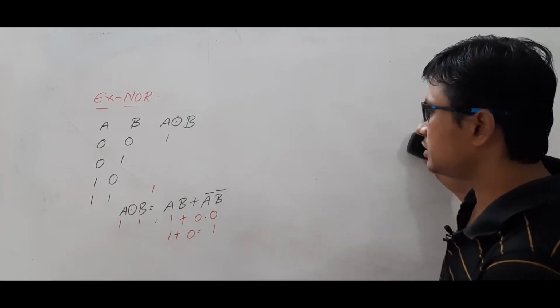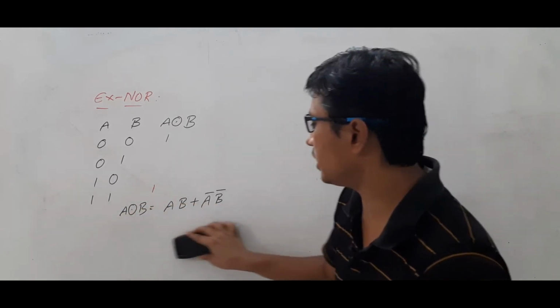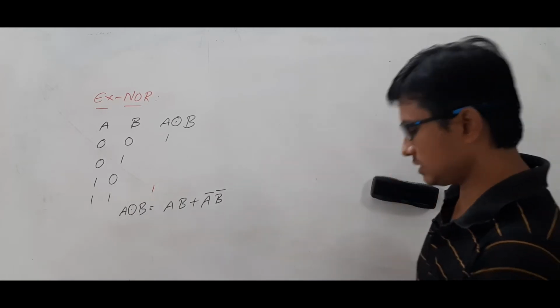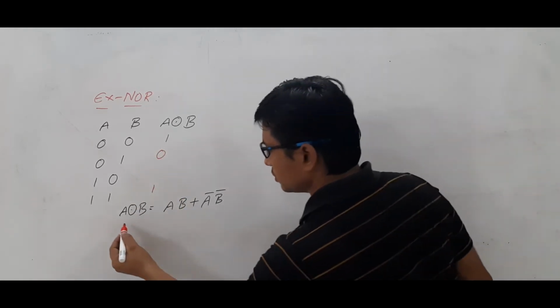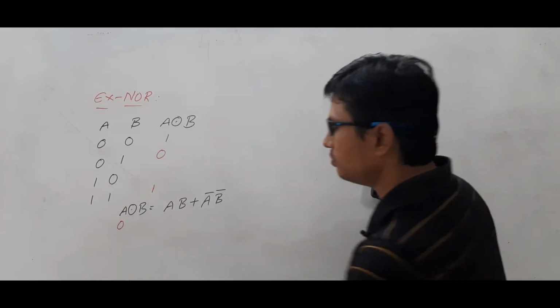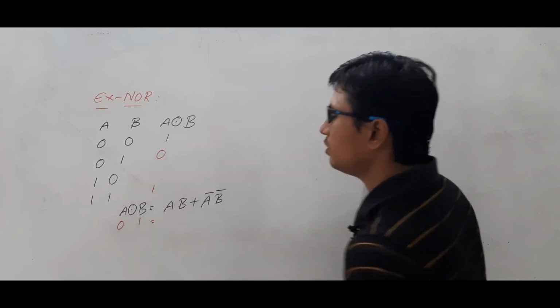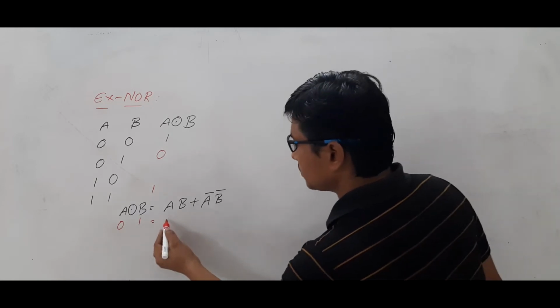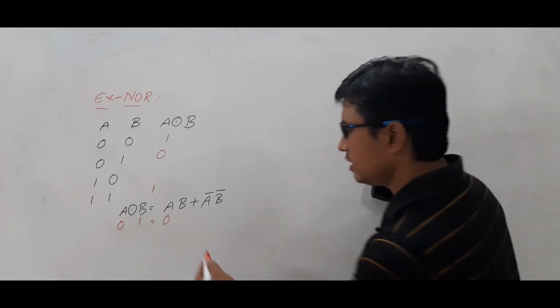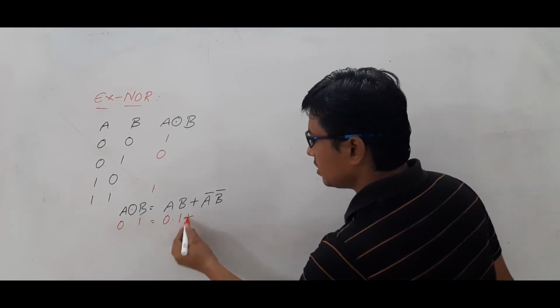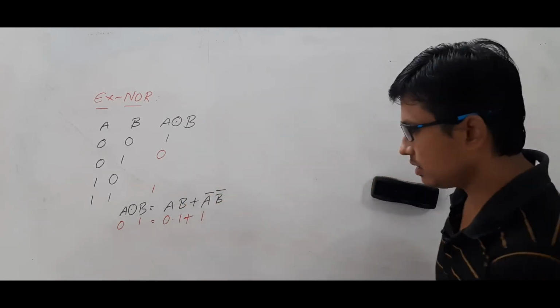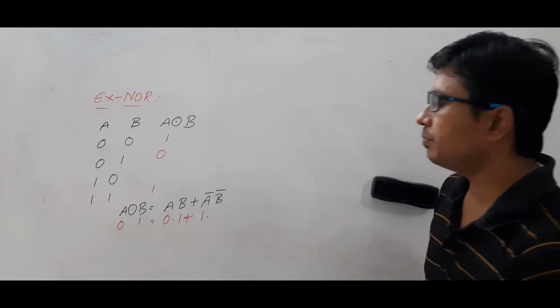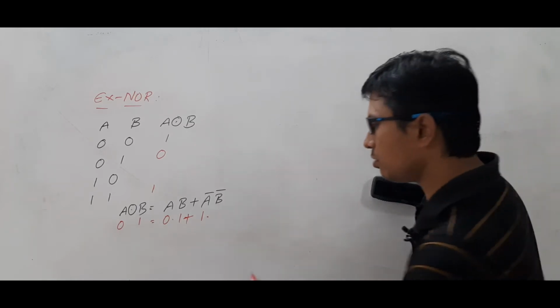When A value is 0 and B value is 1, you will get the output as 0. If you want to verify, you can verify it also. A value is 0, B value is 1. Now if I substitute A value 0 and B value 1, then A's complement, 0's complement will be 1, and B's complement, meaning 1's complement, which is 0.